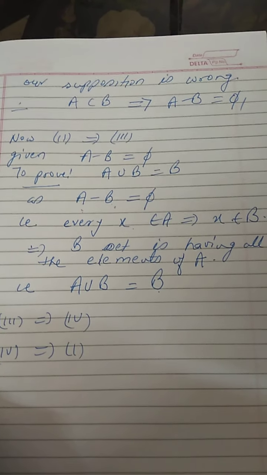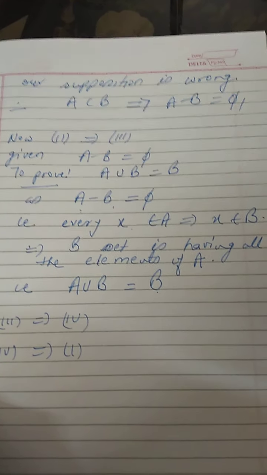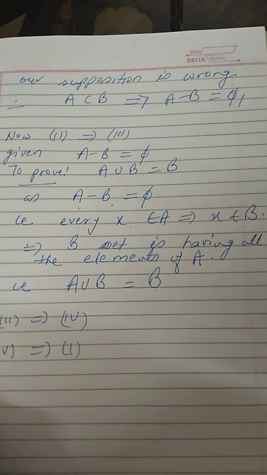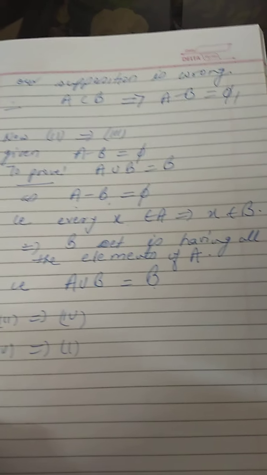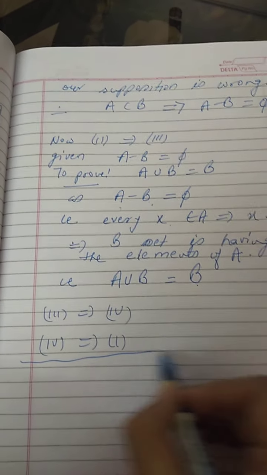Okay, sum number 5 is also simple. Show that if A is a subset of B, then C minus B is a subset of C minus A. Let us do that.